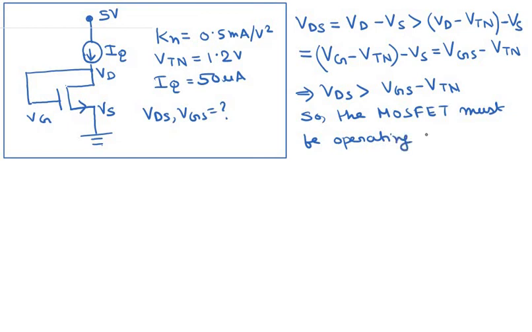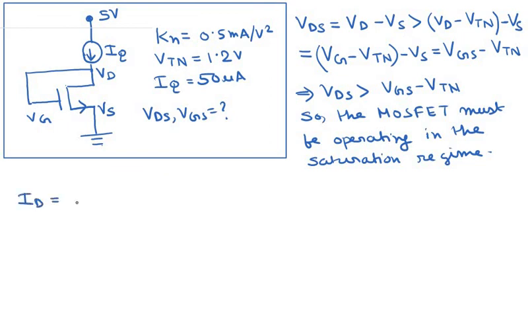So the MOSFET must be operating in the saturation regime. Now we get the equation for IQ.